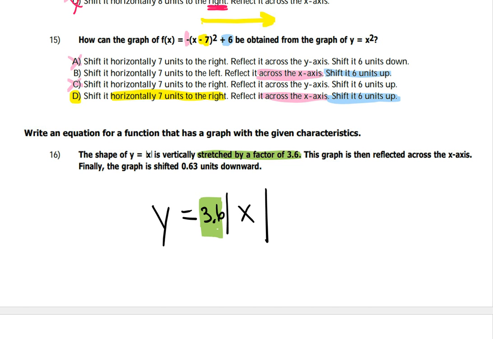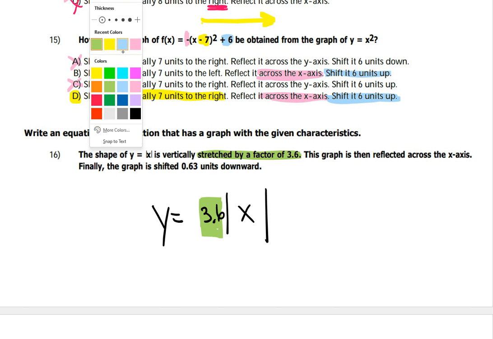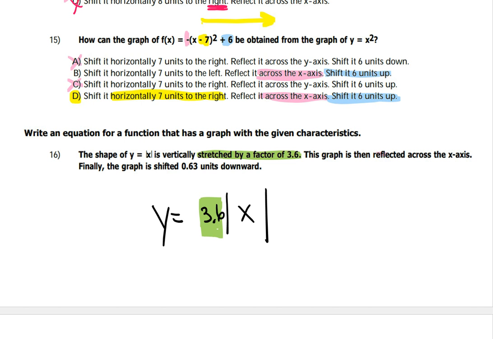And then it says the graph is reflected across the x-axis. Reflecting across the x-axis is going to put a negative in front of the entire function. So it'll be a negative 3.6.